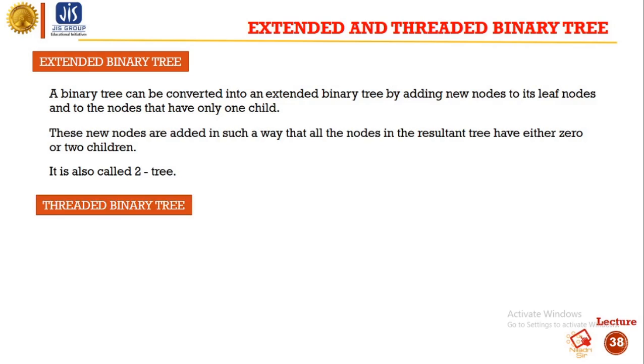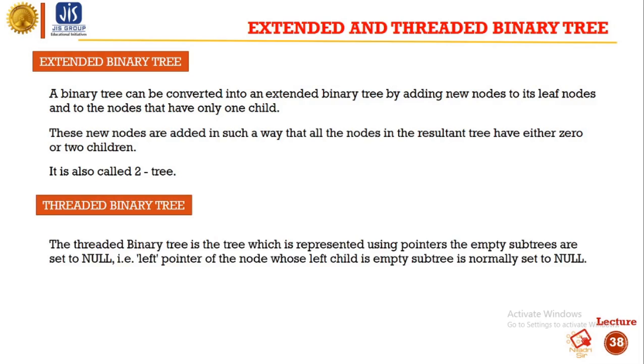Now what is a threaded binary tree? Basically, a threaded binary tree is a tree which is represented using pointers. The empty subtrees are set to null. That is, the left pointer of the node whose left child is an empty subtree is normally set to null.